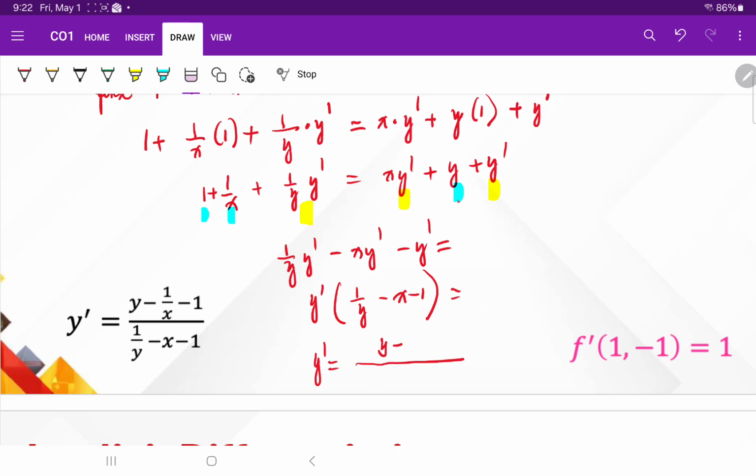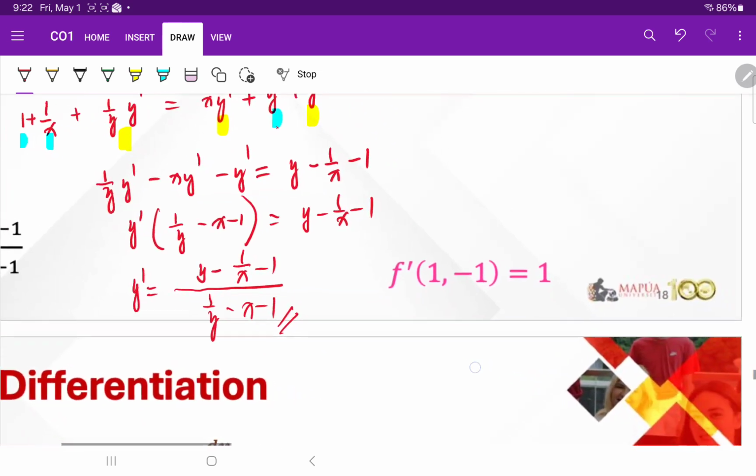What should be on the right side? The one with the blue. Let's have y first. So it's y minus 1 over x minus 1. Alright, so this is y minus 1 over x minus 1, over 1 over y minus x minus 1. So this is your y prime.